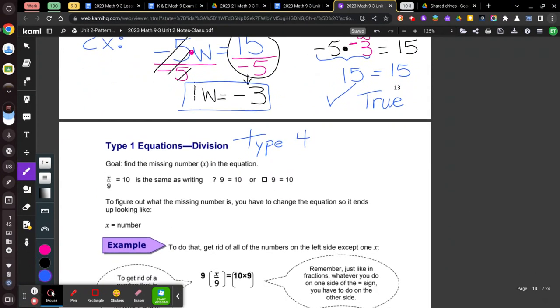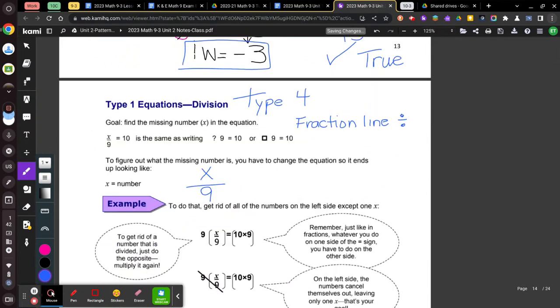So again, when we're dividing, the fraction line means divide. So the fraction line means divide. So that's exactly what we're talking about. So if I've got x on the top of a 9, that means it's x divided by 9 equals 10.